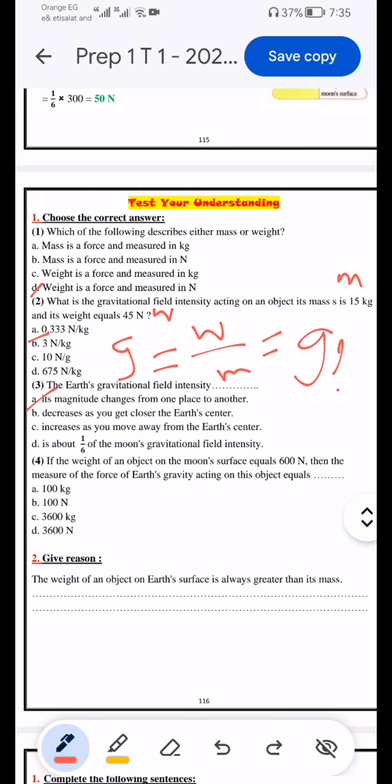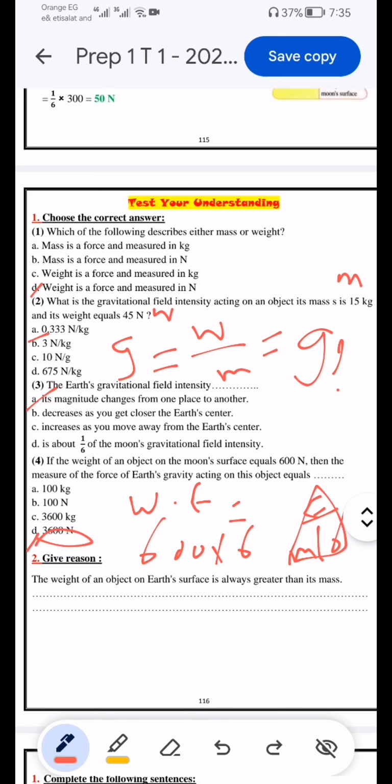4, if the weight of an object on the moon surface equals 600 Newton, and we have a relation between weight on moon and earth. Weight on earth equals weight on moon times 6. So weight on earth equals 600 times 6 equals 3600 Newton.